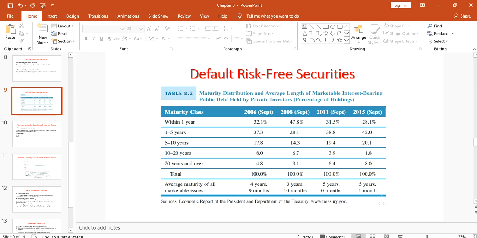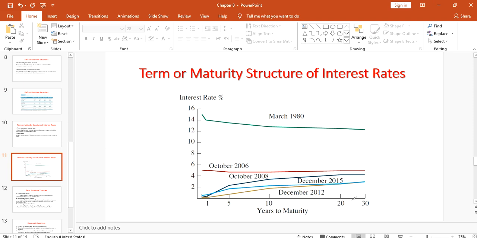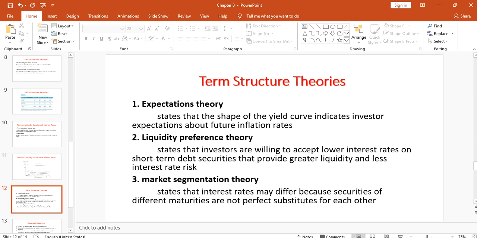So these are not substitutes. That's another point which determines the shape of this yield curve. So those were the term structure theories, and you should know about them.